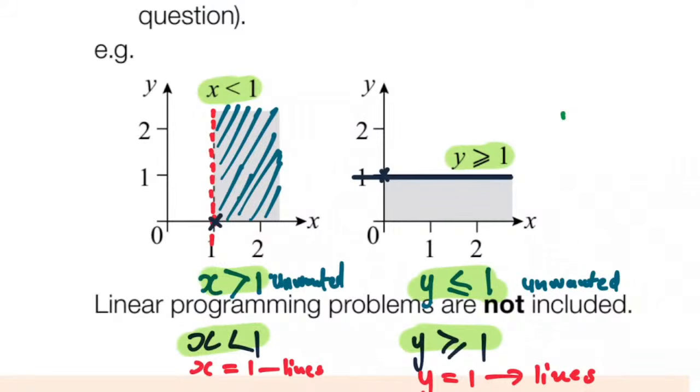Are you hearing me nicely? I said two things. I said change the inequalities so that you now have the unwanted. Now I am explaining how you shade. When Y is less than, you shade below. When Y is greater than, you shade above.